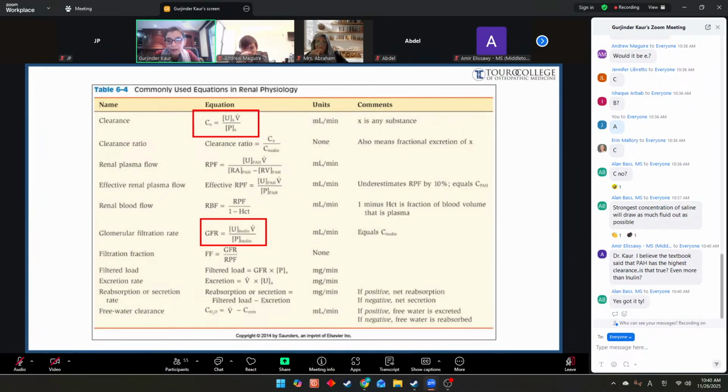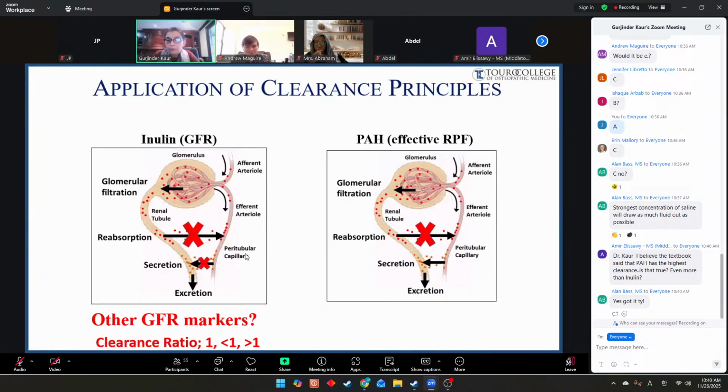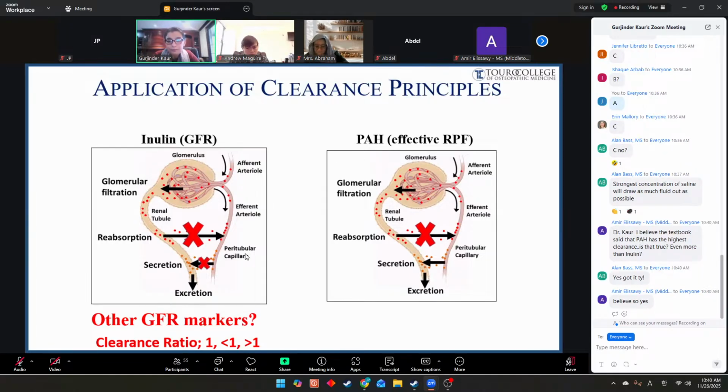Okay. Amir. PAH has more clearance. Where did you read that? In the textbook? Amir? Okay, I got to check it. I mean, clearance is clear. What is clearance?